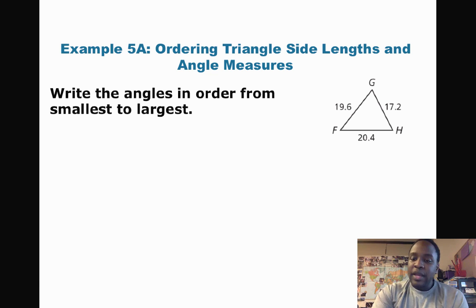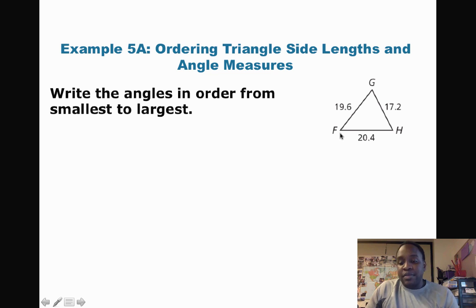Okay, so here we have a triangle F, H, and G. Write the angles in order from smallest to largest. Okay, so the shortest side is GH, and opposite GH is angle F. So angle F would be the smallest angle. We don't know what the measure of angle F is.